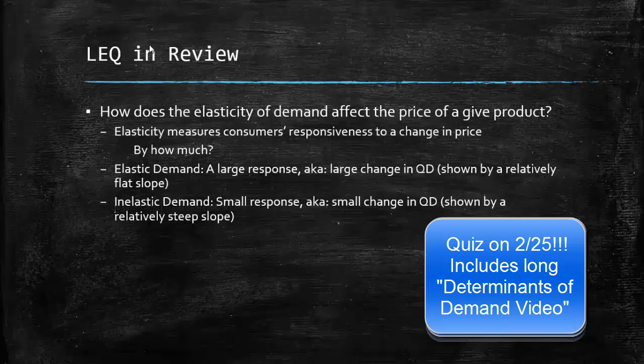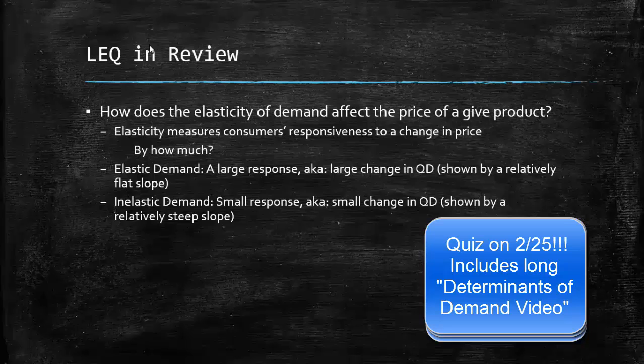LEQ in review. So our LEQ is, how does the elasticity of demand affect the price of a given product? So elasticity simply measures by how much the law of demand applies. It measures a consumer's responsiveness to a change in price. Does the quantity demanded go up or down a little bit or a lot? So elastic demand is a large response. Okay, price goes down, quantity demanded goes up a lot.